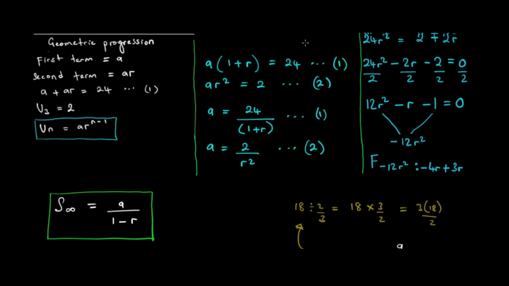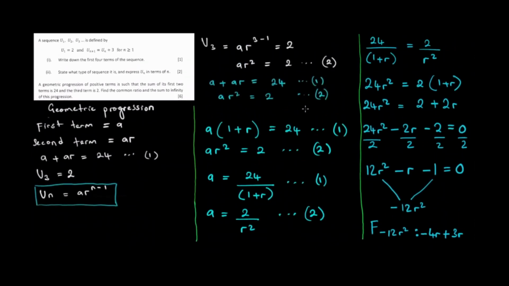We are done. So this is how it is done. Let me just undergo a small rundown of what we did. We looked at that question and noted that it's a geometric progression. Reading it, it says a geometric progression of positive terms is such that the sum of its first two terms is 24.